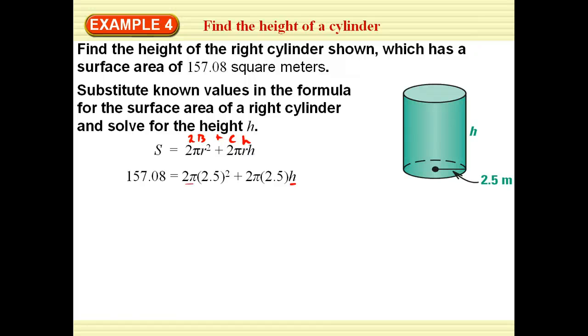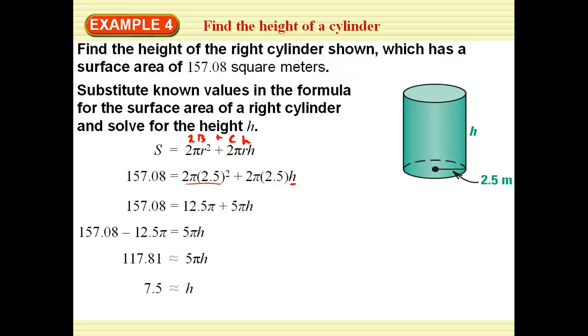So I will simplify this down to be 12.5 pi, subtract that from the other side in order to get 5 pi h by itself, and then divide both sides by 5 pi, and that gives me my h.